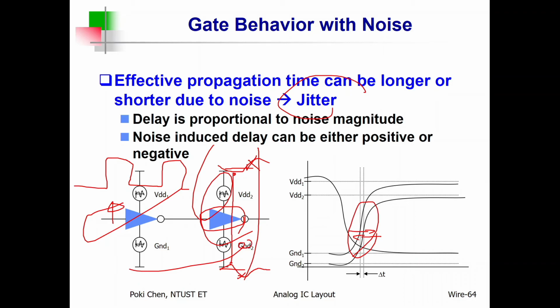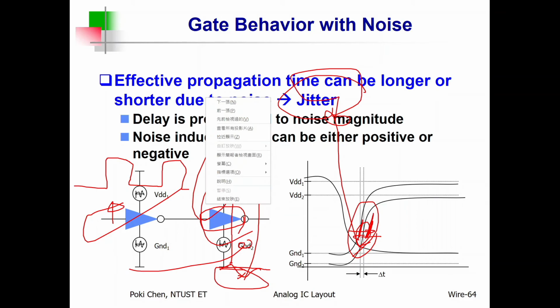From the input to the output, you will see sometimes the output gets larger delay here. Sometimes it gets smaller delay there. And the variation is called jitter. Okay? It means the more fluctuation or resonance over your power supply, the more jitter you need to face. It is not good for your circuit.